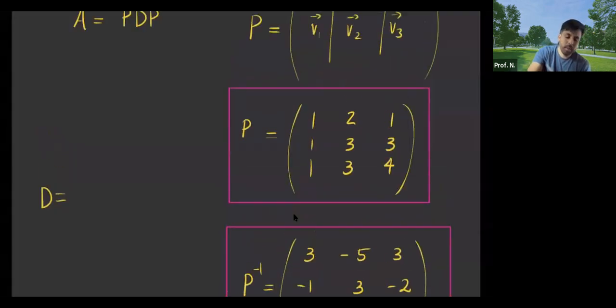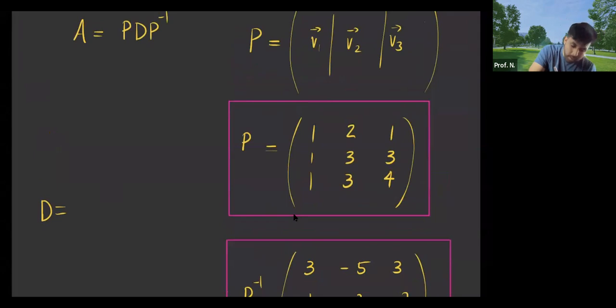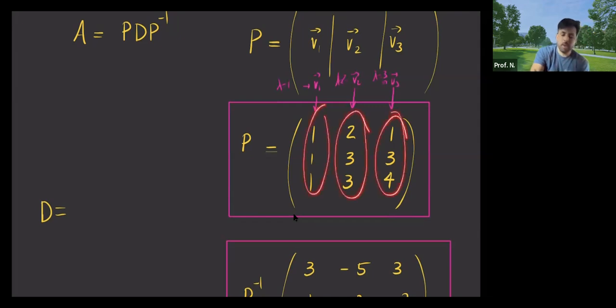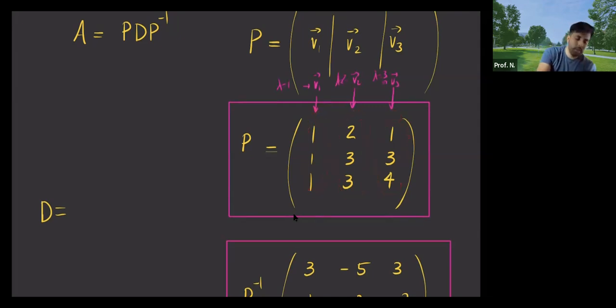Because this is the eigenvector V1, this is V2, and this is V3. This eigenvector is associated with lambda equaling 1. This is lambda equaling 2, and this comes from lambda equaling 3. So because these appear where they are, that diagonal matrix will be 1, 0, 0, 0, 2, 0, and 0, 0, 3.